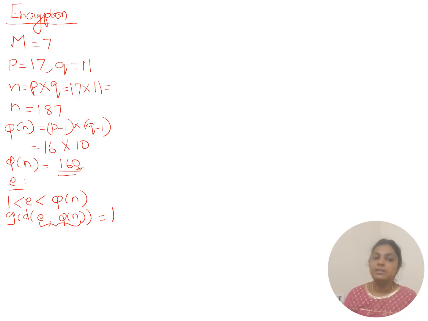But you have to choose a number e such that there cannot be any common factor for both the e value and the phi of n value.